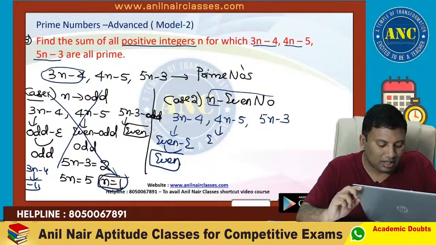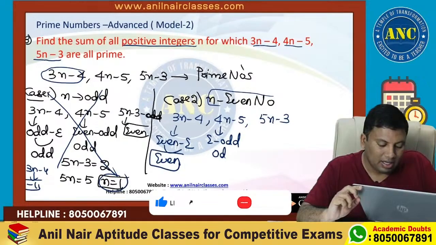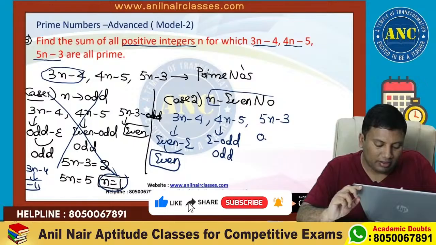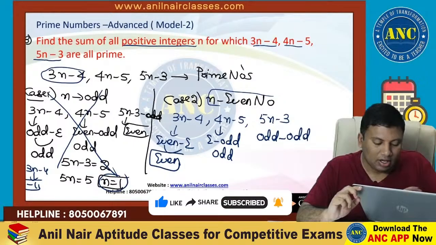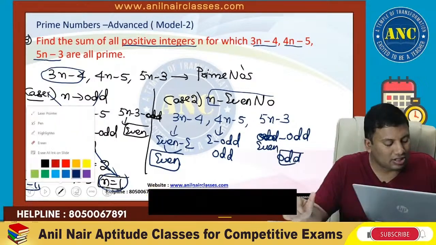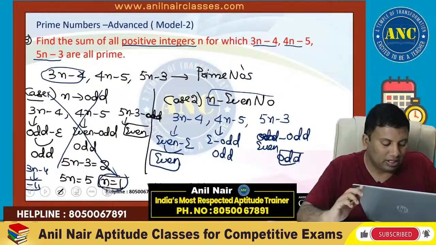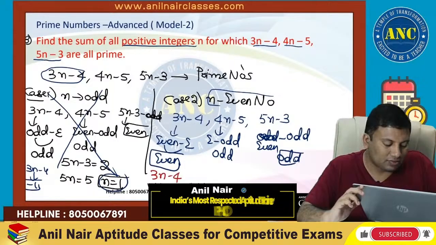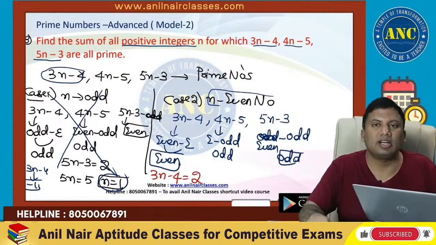Even minus 5, it is an odd number. Even into 5, odd. This 3 is also an odd number. Odd, these even into even minus odd, it is odd. The only one case which we got is 3n minus 4 should be even. So if 3n minus 4 is even, the case that is possible is 2.